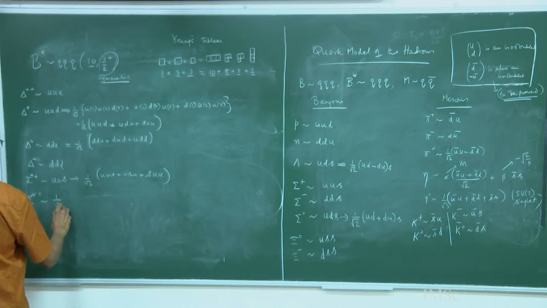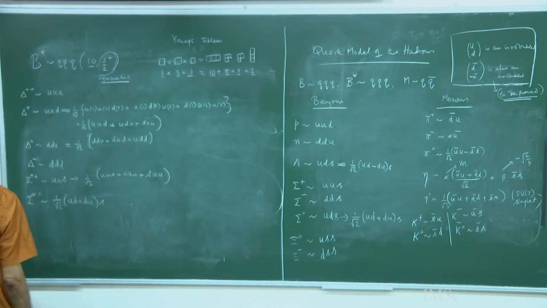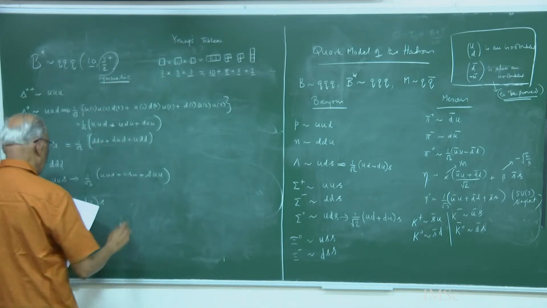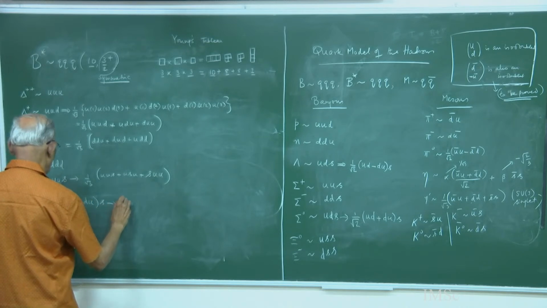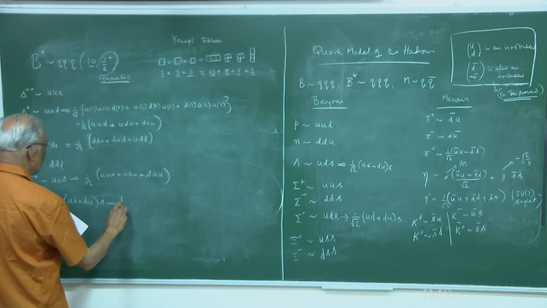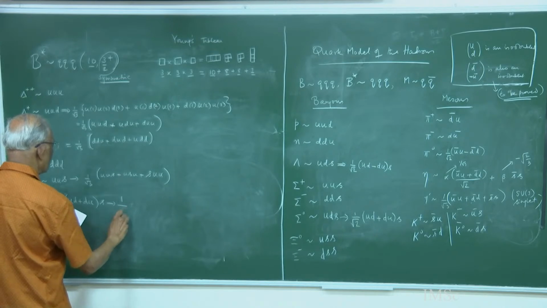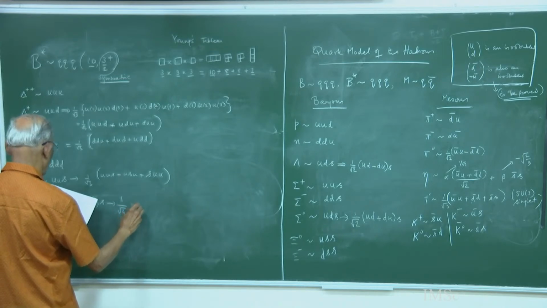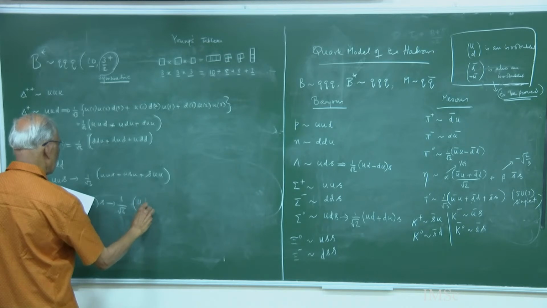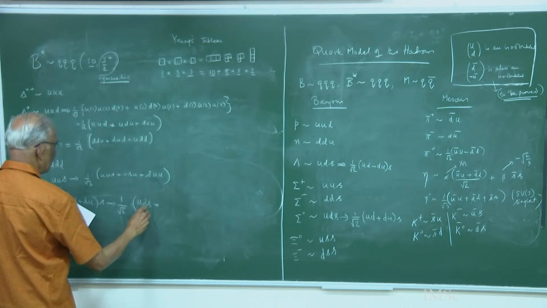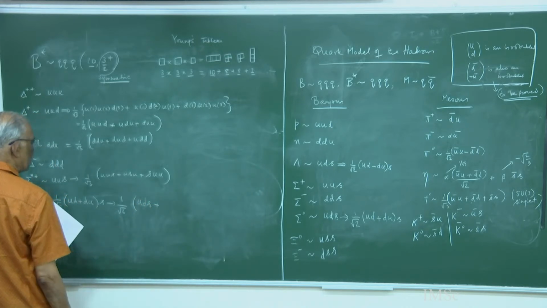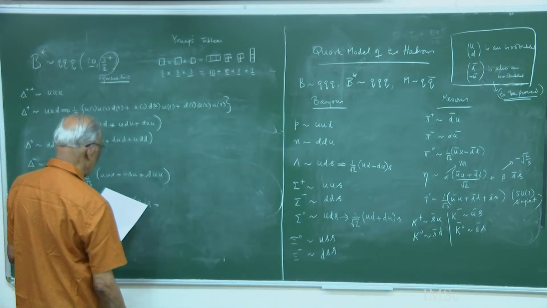First of all, there is a symmetrization involved for isospin purpose because the isospin is 1, so it is UD plus DU and then multiplied by S. But then the symmetrization needed for SU3 to get the correct SU3 characteristic, we have to symmetrize all the 3. So that will make it 1 over root 2 into 1 over root 3, it will become 1 over root 6. UDS. There are 6 terms here because 3 particles have to be permuted, 3 factorial.